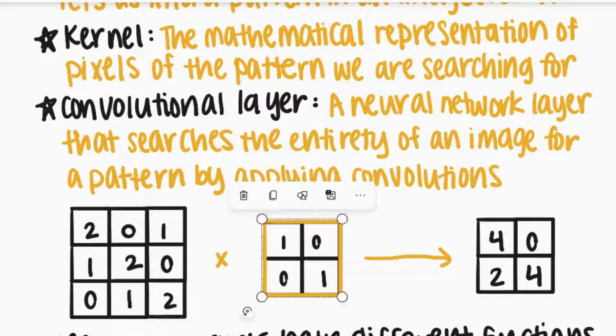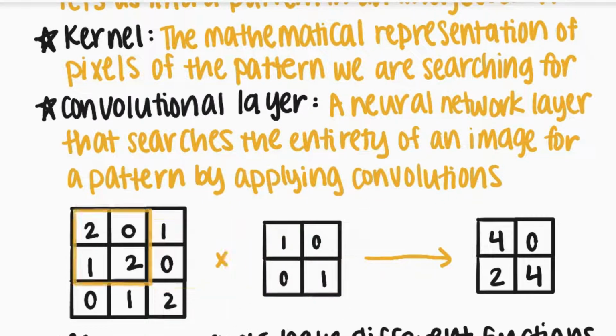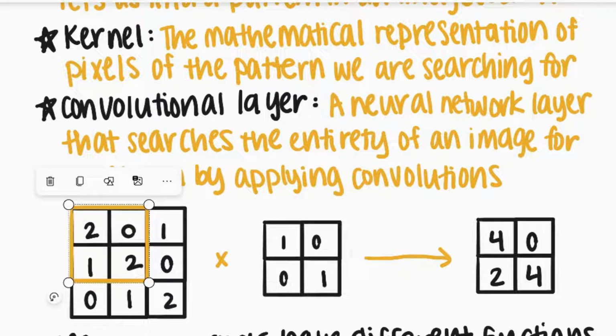So for example, here we have this little yellow box that I'm going to move around to represent when we're applying the kernel. So first up, we're going to apply the kernel to this tile of 2x2 right here. So when we apply the kernel, we're going to multiply each corresponding factor.